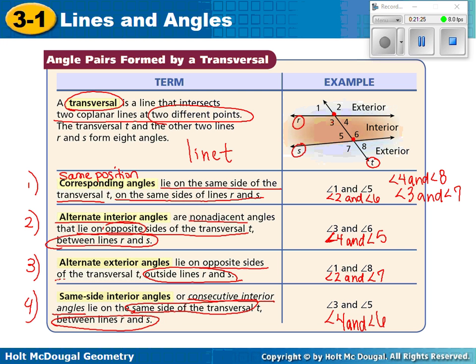And they are simply angles that lie on the same side of the transversal, but they are outside lines R and S.